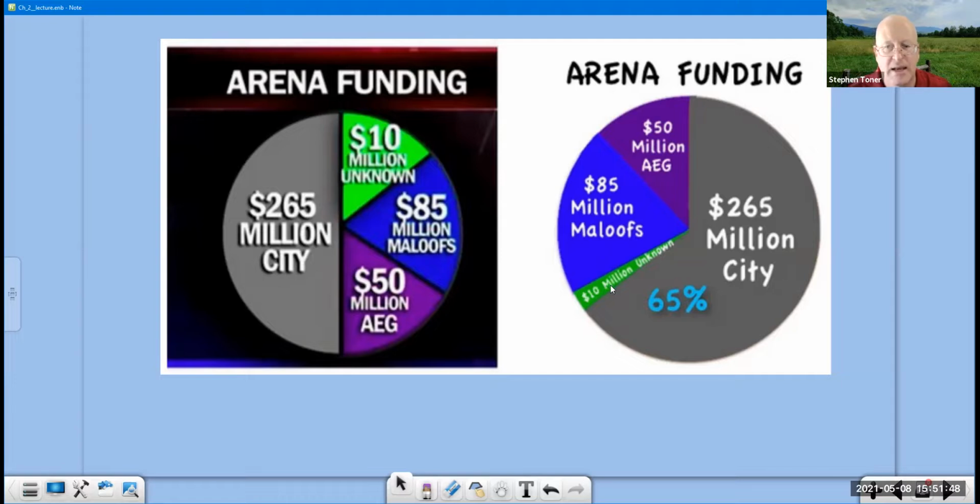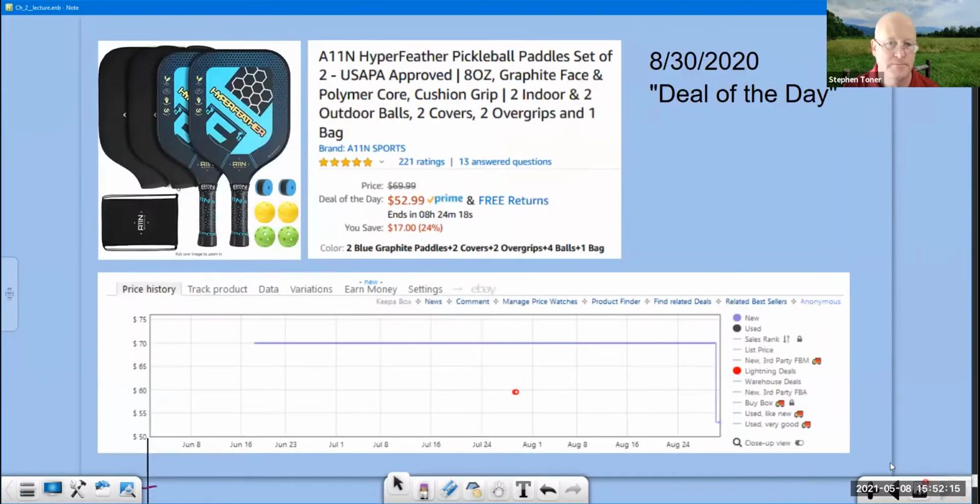It should be an 8.5 times larger slice because it's 8.5 times the money we're dealing with here. So scaling is important because you're changing the impression. On the left, it looks like that gray area is half of the data, but over at the right, you can see that it's really 65% of the data.